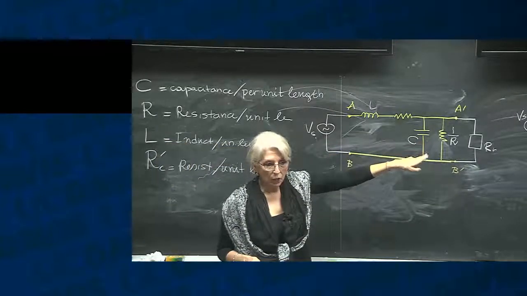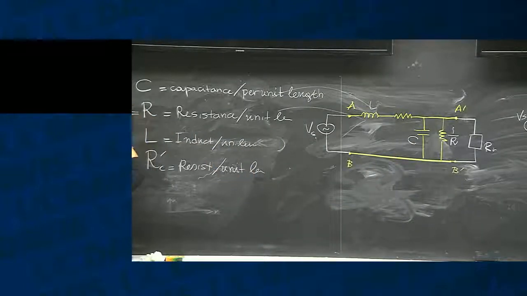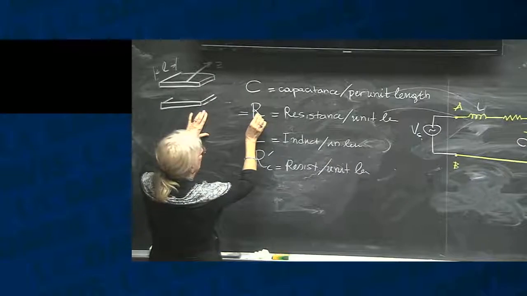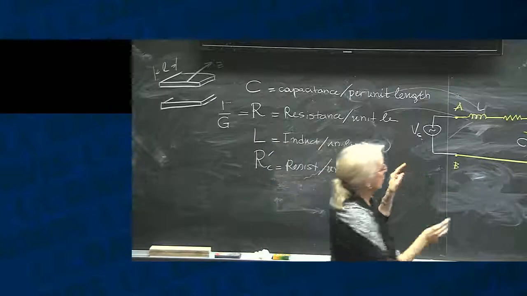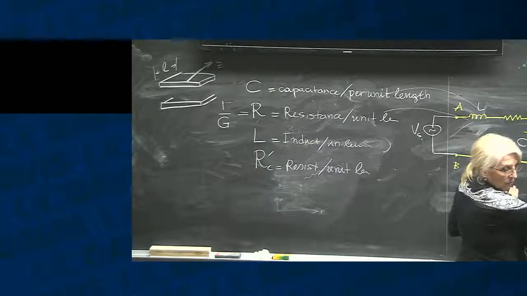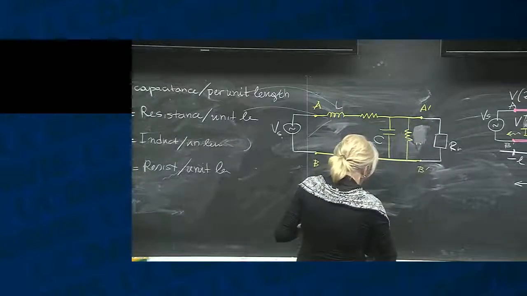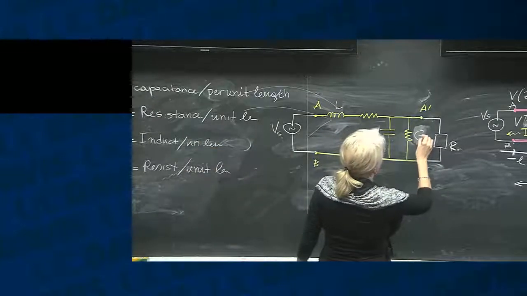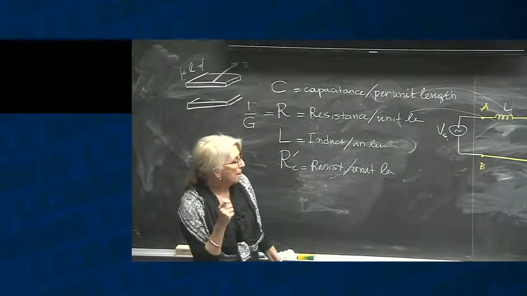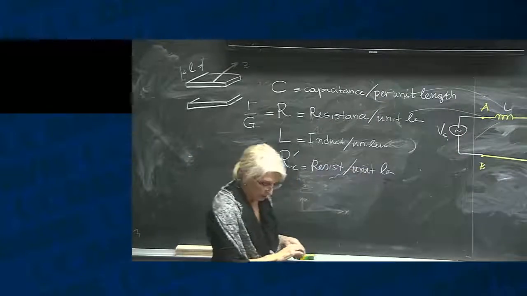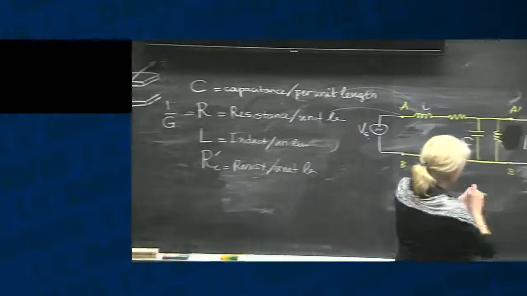So now I will show it as 1 over R, but in reality, I will always have, instead of R, a G. So always in circuits, you're going to see a G here. And that is practically the inverse of that resistance that we found. But we write it as a G, as a conductance, primarily because it's in a parallel combination. And that is going to be easier to have as G.